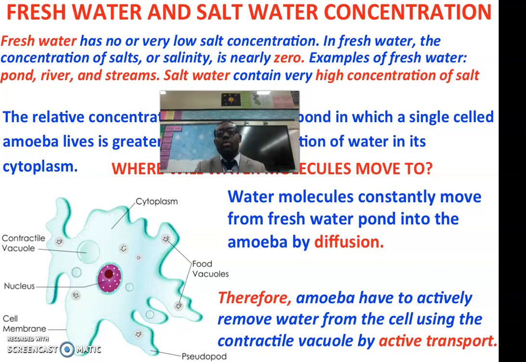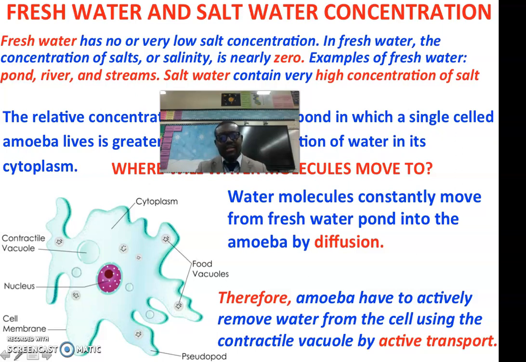Salt water contains very high salt concentration. For example, seawater is salt water. On the other hand, fresh water contains very, very low salt concentration, and that means the amount of dissolved salt is very, very low.